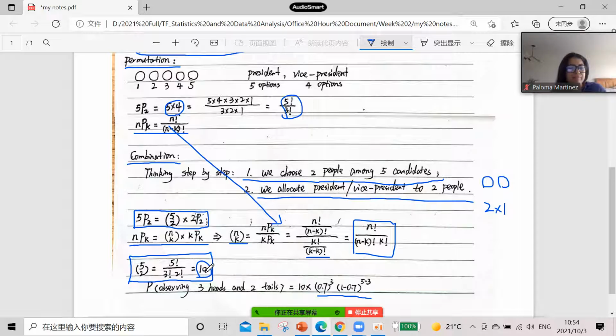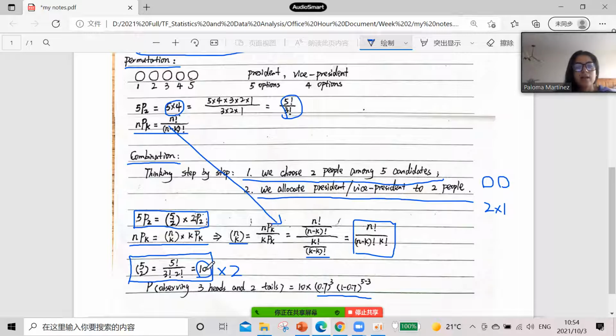So for every 10 options here, I have 2 other options to allocate them to president and vice president. That's why 5 permutation 2 is exactly 2 times 5 choose 2. But that doesn't apply to other situations like 5 choose 3, so it's pretty different. A 10 choose 6 is much more different and much more difficult.